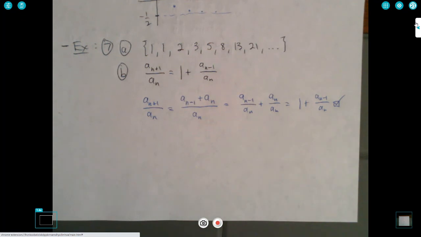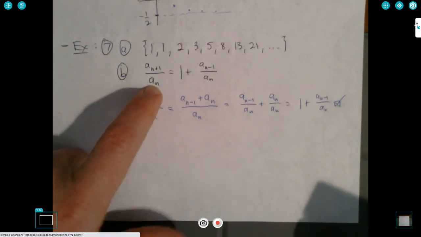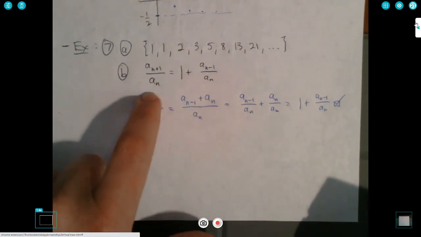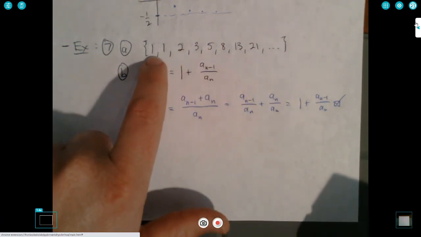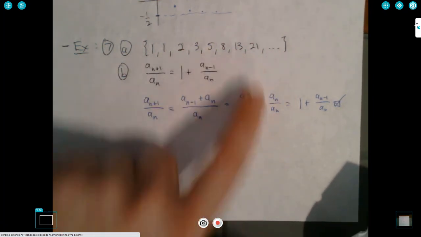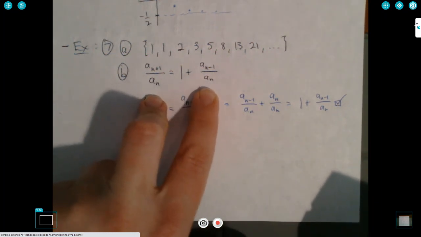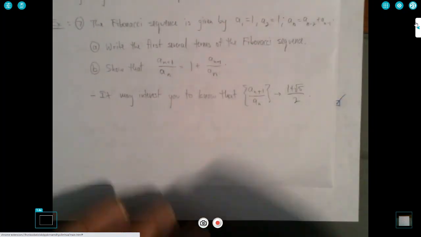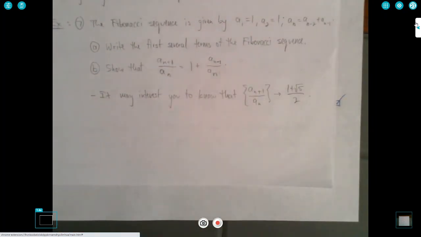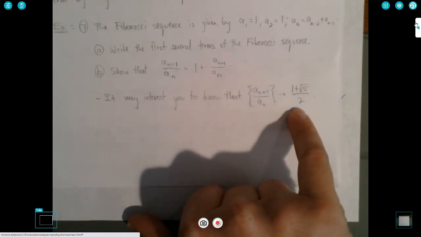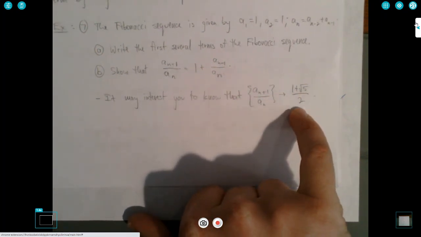The reason this is interesting is because this fact is used in the proof of what the limit of this sequence is. It's not easy to figure out what the limit is, but one of the steps in showing what the limit is is to use this fact. I'm not going to torture you any further, but it may interest you to know that this does in fact converge to this number right here, 1 plus square root of 5 over 2.